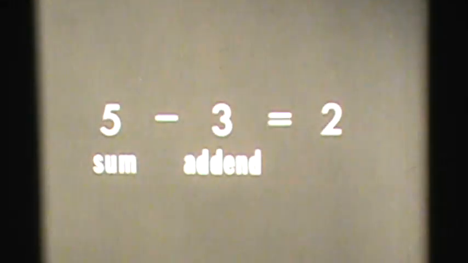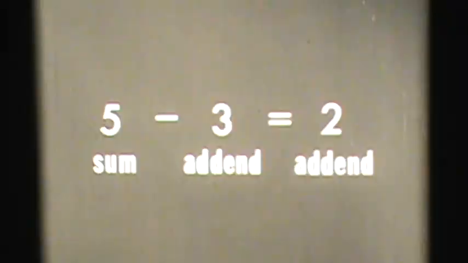The sum, 5, minus the add-in 3 equals 2, the other add-in. 5 minus 3 equals 2 is a subtraction fact. So we have 2. But if we bring back the 3 dolls, we have 2 plus 3 equals 5. An addition fact we already know.